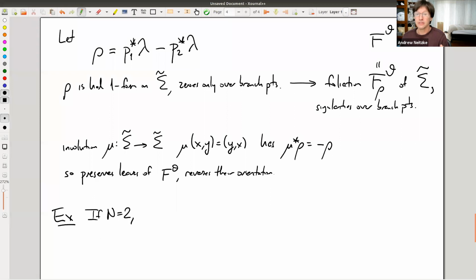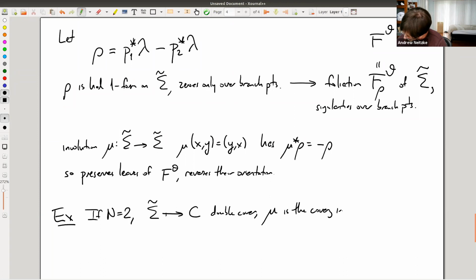So when n is 2, first of all, our cover sigma was just a double cover, and sigma twiddle was also a cover. So sigma twiddle to C is a double cover. And moreover, this involution mu, in that case, actually is just the covering involution. Right, we have a double cover, and the involution just exchanges the two sheets. That's what this mu is in this case.